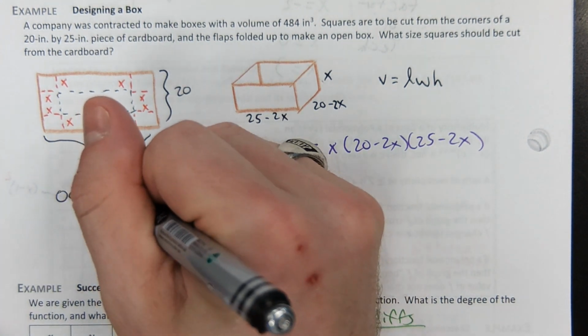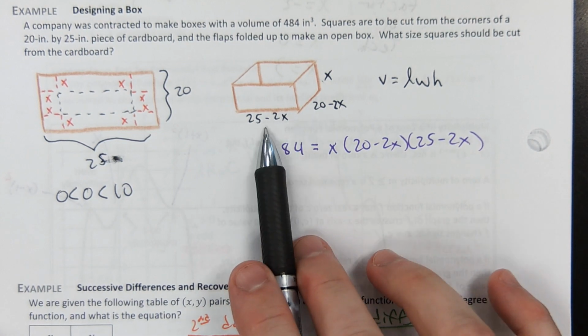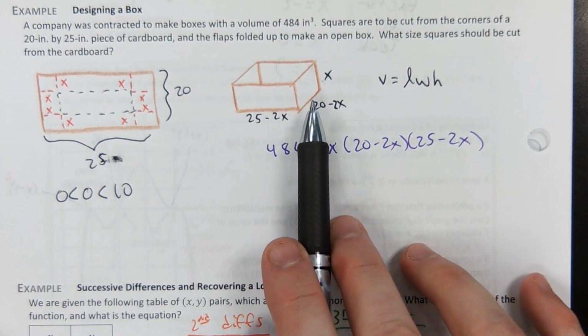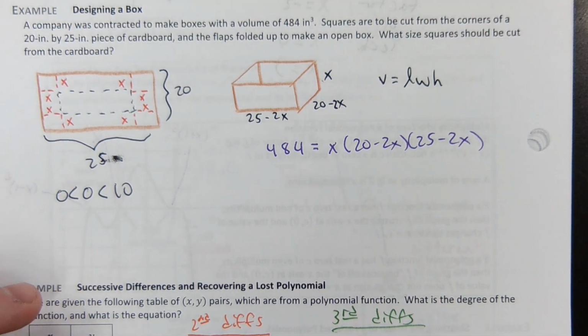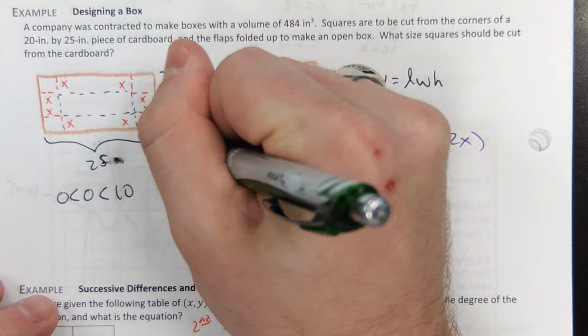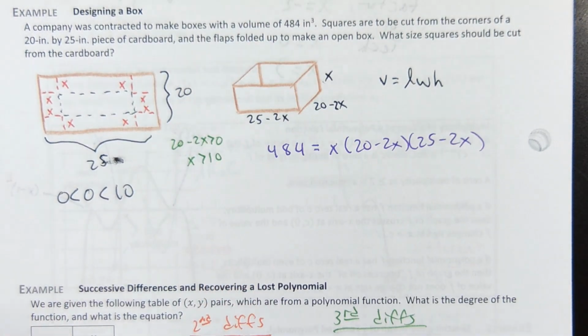Less than 10, because this is the smaller of the 2 lengths, and we have to make sure it's not a negative number. So you say 20 minus 2x better be greater than 0, and you solve for x. You get x is less than 10.